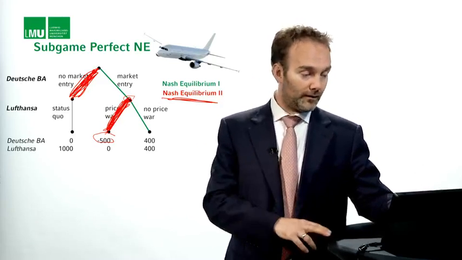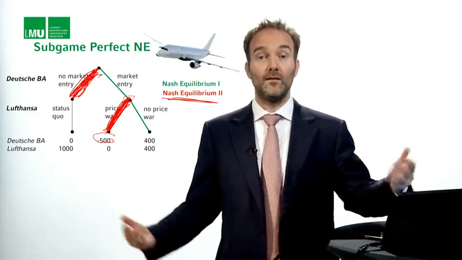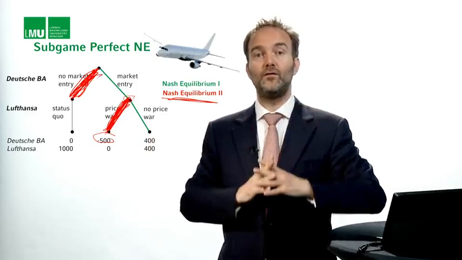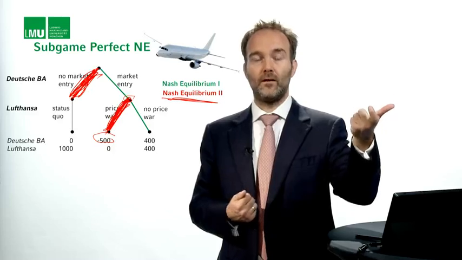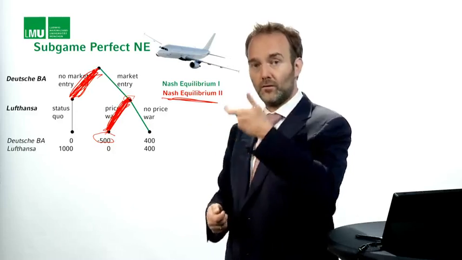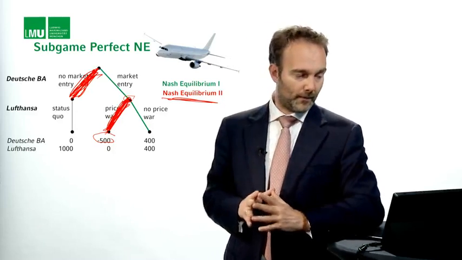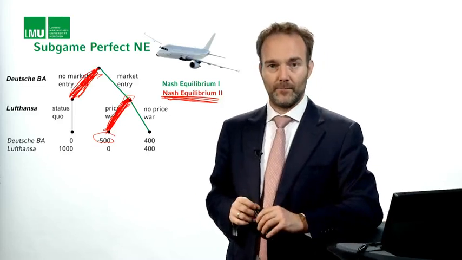If, on the other hand, Deutsche BA sticks to what they do, Lufthansa has no incentive to deviate. So therefore, if we combine the two strategies, Deutsche BA sticks to what they do if Lufthansa sticks to what they do, and Lufthansa sticks to what they do if Deutsche BA sticks to what they do. Okay, so therefore, that is a second Nash equilibrium.